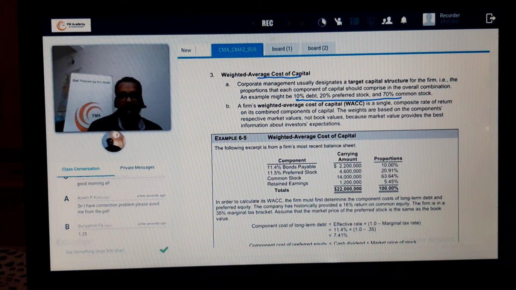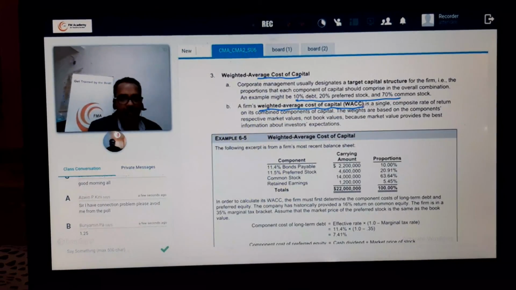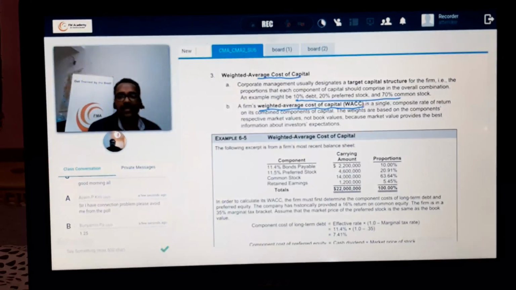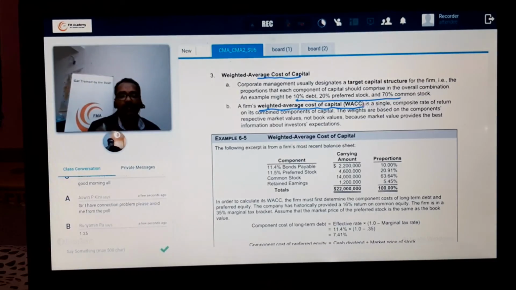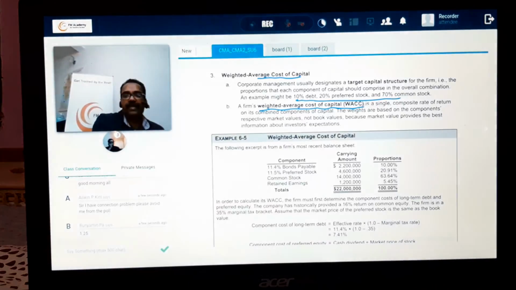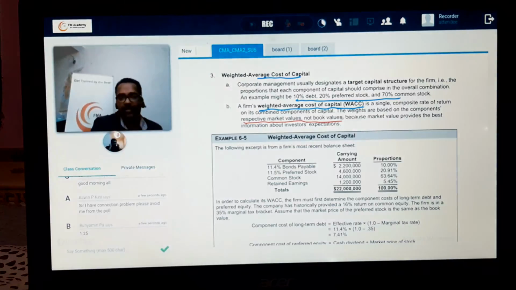So what is WACC? As the name suggests, it is weighted average cost of capital. You will have the weights and the individual components. But remember one very, very important thing: the weights are based on respective market value, not on book value.